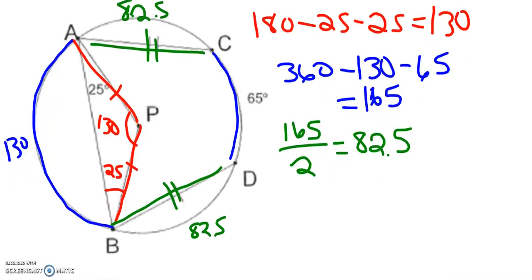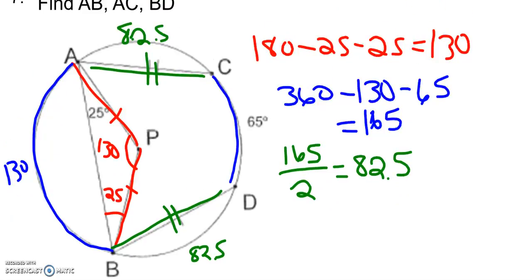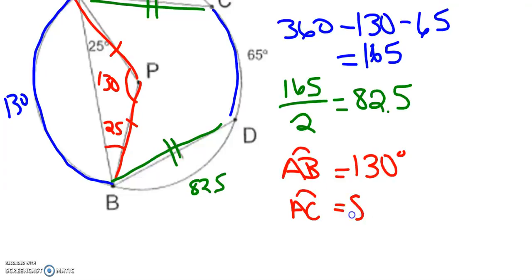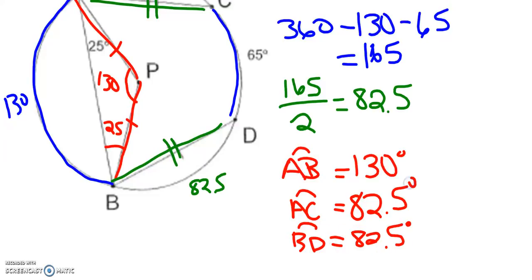So to sum up what we were looking for, we have arc AB equals 130 degrees, arc AC equals 82.5, and arc BD equals 82.5 degrees. And that sums up your 10.3 notes.